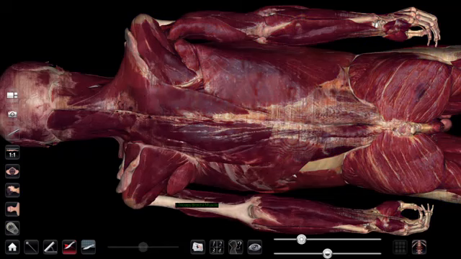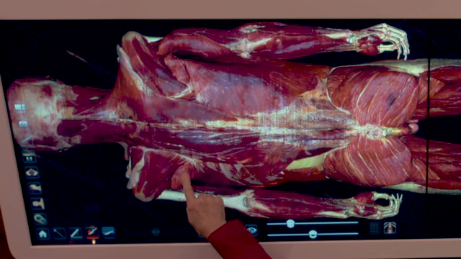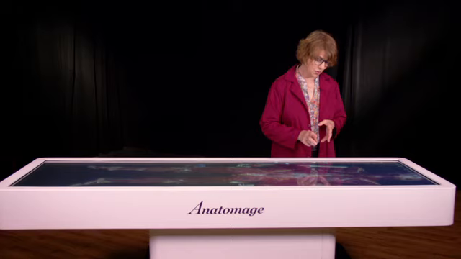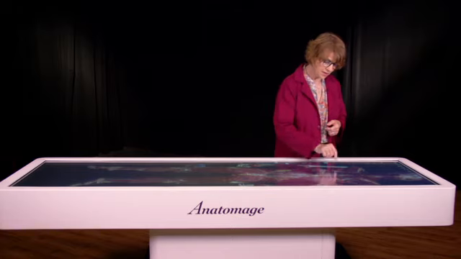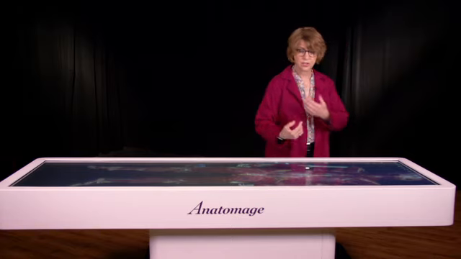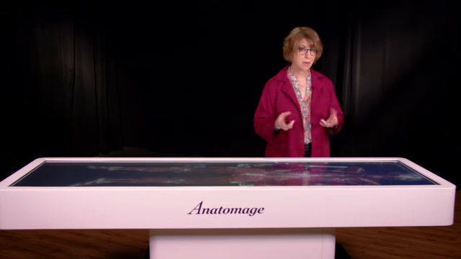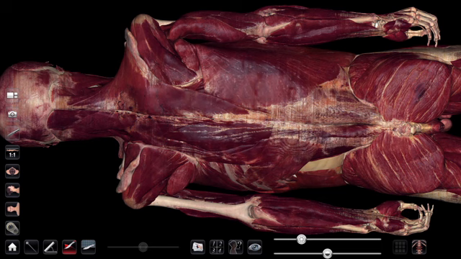If we remove the triceps brachii, we see the posterior aspect of the humerus. And then we can also see teres major. Teres major is not a muscle of the rotator cuff group, but it comes out anteriorly and attaches to the intertubercular groove. Remember the lady between two majors? Teres major was one of those majors.